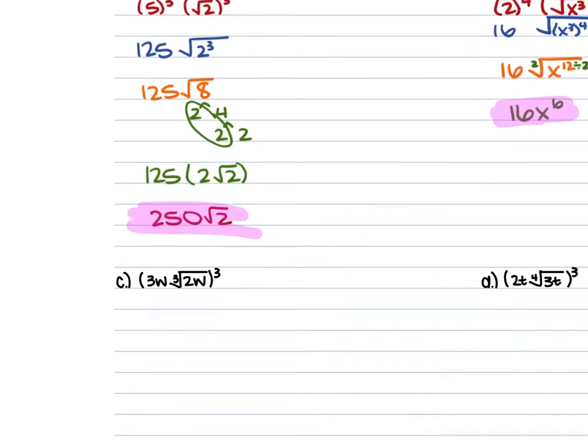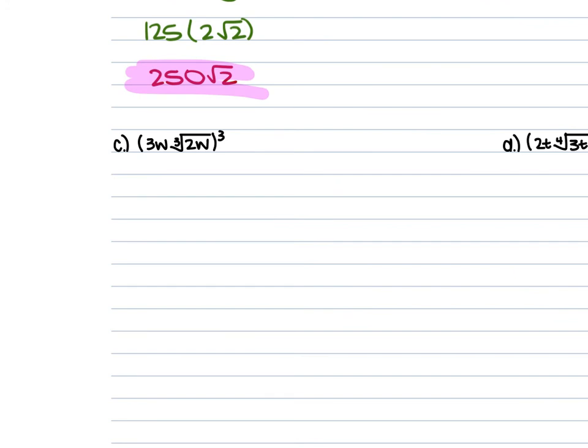For example C, we have 3w times the cube root of 2w, all raised to the 3rd power. So when you do this, you're going to have the 3w raised to the 3rd power, as well as the cube root of 2w raised to the 3rd power. When your index and your power are the same, they cancel each other out. So it's just giving you 2w.